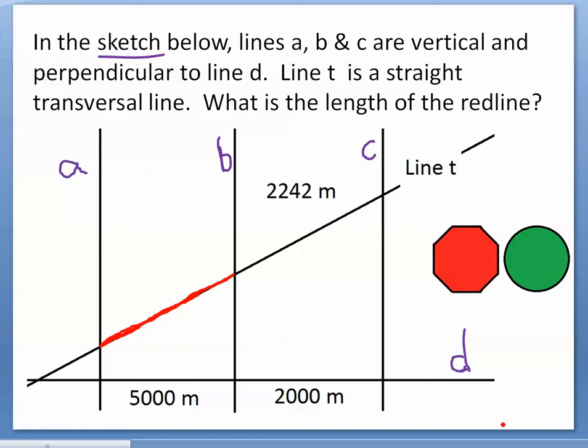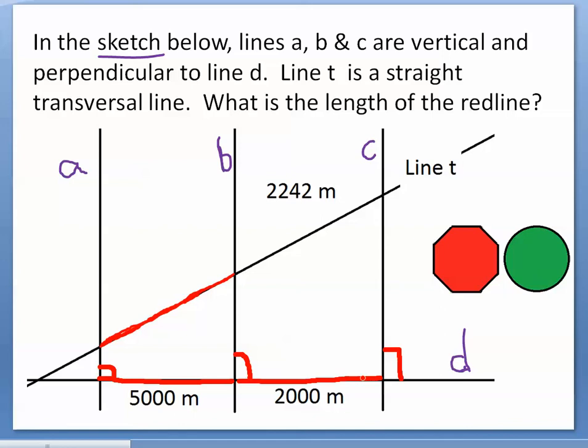Well, we have some lines here, A, B, and C, that are perpendicular to line D, and they are also then parallel. By them being perpendicular, this is 90 degrees here, 90 degrees here, and 90 degrees here. We know that this is 5,000 meters, and that's 2,000 meters.